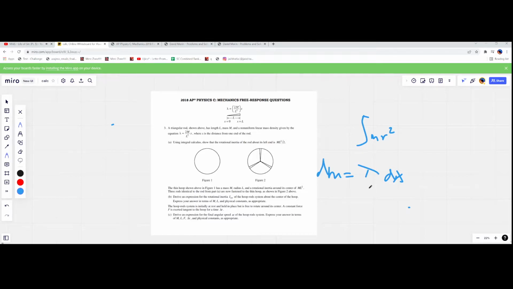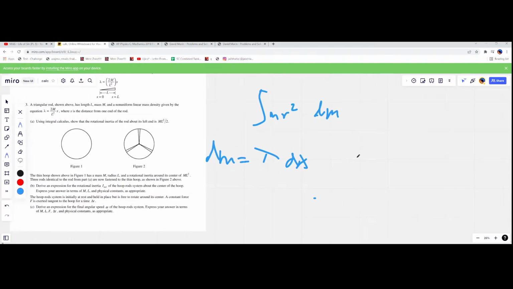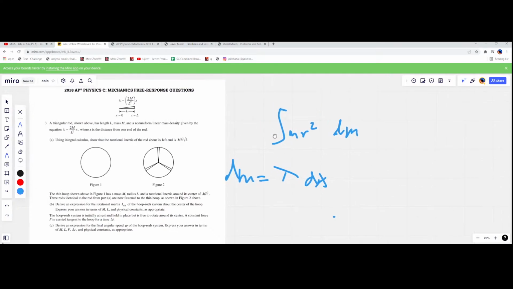Okay, well, let's just try that. So this is inertia. dm is equal to lambda dx. Yeah, okay, that makes sense. And then r here. Oh, okay, so you need to do parallel axis theorem. So I think what we're just gonna do is solve for the normal one, and then we can just parallel axis it at the end.